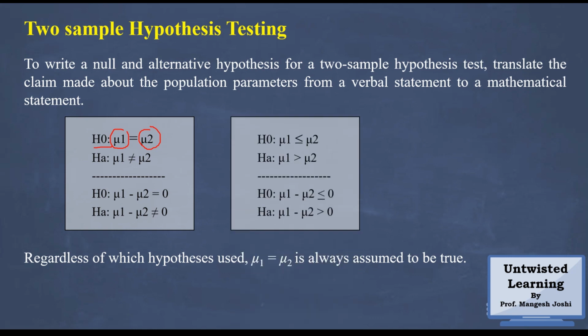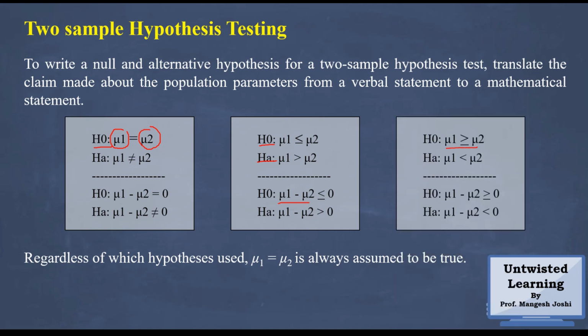Similarly, H0 can be written as mu1 is less than or equal to mu2 and HA as mu1 is greater than mu2. It can be similarly written as mu1 minus mu2 is less than or equal to 0 and mu1 minus mu2 is greater than 0.